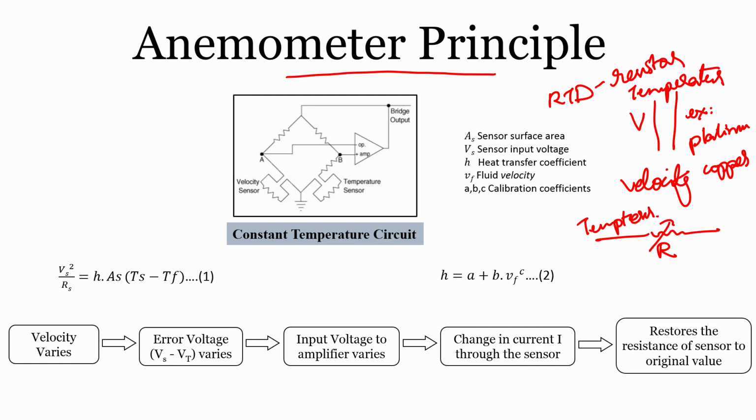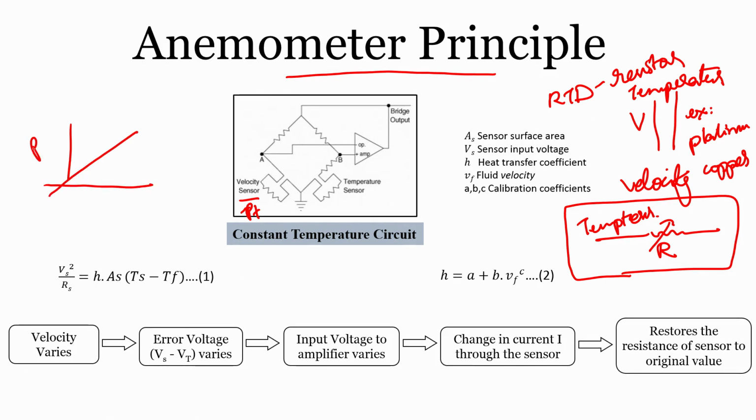Now, how can we integrate this mechanism to understand the fluid velocity inside a channel? Assume this is your sensor, the platinum based sensor. Again, why did I choose platinum? There is something called the temperature coefficient of resistance, R versus T. How is your resistance changing with increase in temperature?